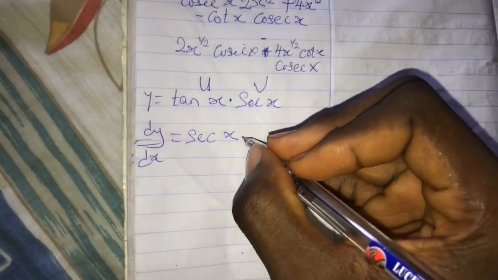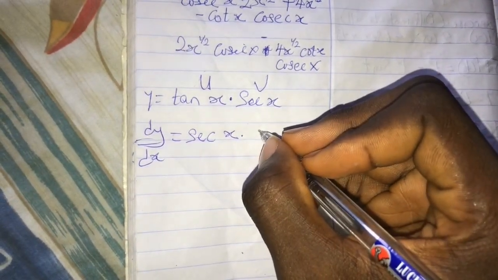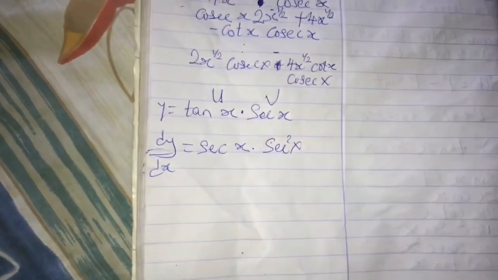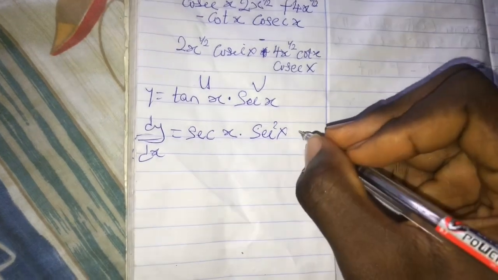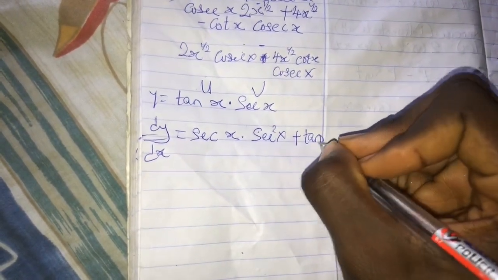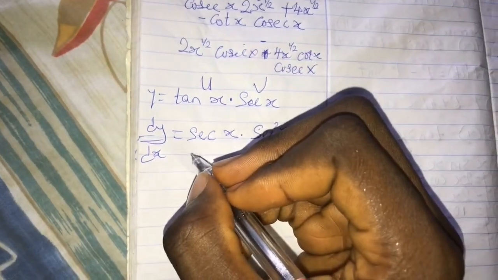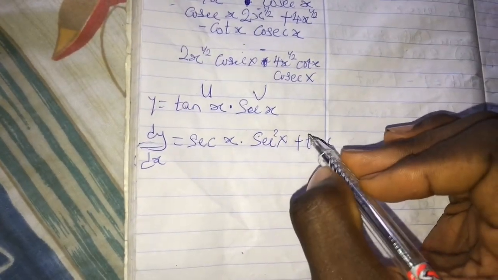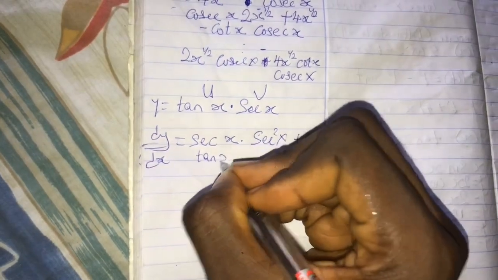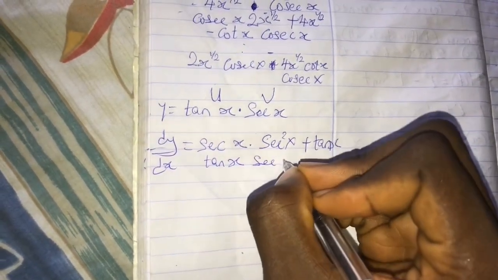Differentiation of tan is what? Sec square x plus u, which is tan x rather, dv is what? Tan x, then differentiation of sec is what? Tan x sec x.